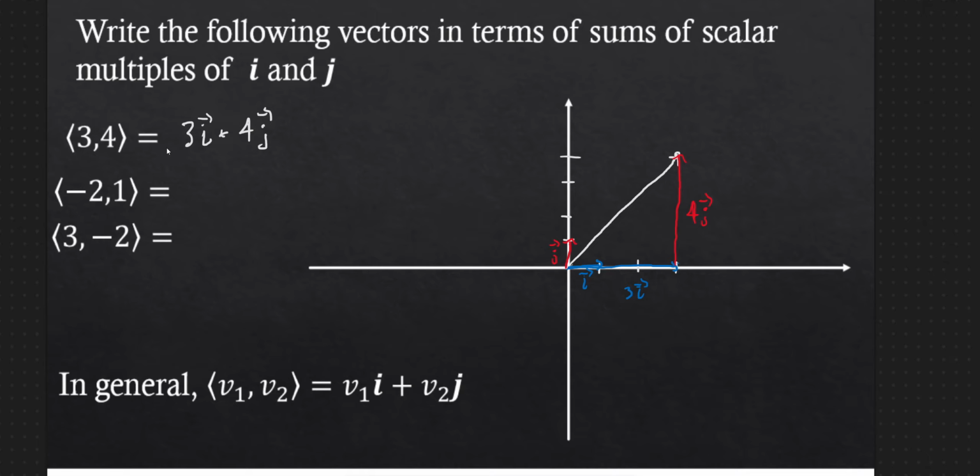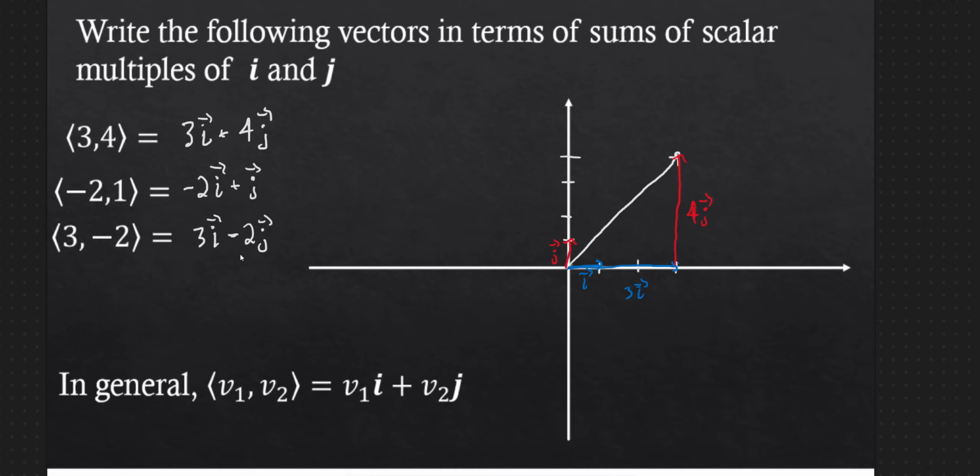So really not a whole lot going on here in terms of actually calculating. So (-2, 1) is, you guessed it, negative 2i plus j. It's not too hard to take these position vectors and write them as linear combinations of these two unit coordinate vectors. Similarly, (1, -2) could be written as i minus 2j. All right, so not too hard to go from here to here.